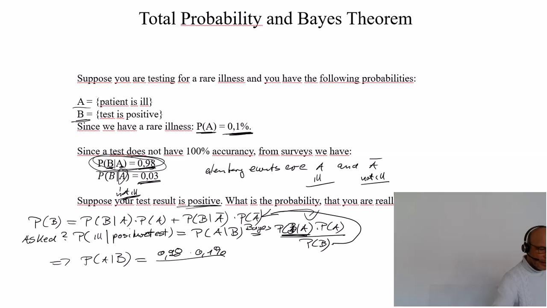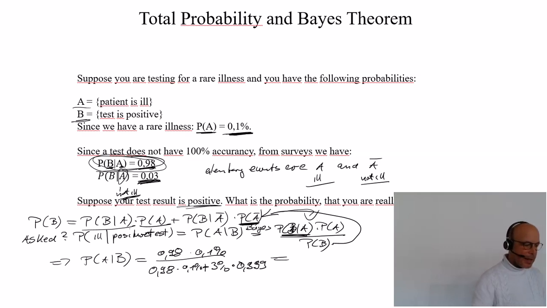And P(B) is given by the total probability: 0.98 times P(A), 0.1%, one per mille, plus now this small probability of obtaining the wrong result, 3%, times not being ill, and this is almost 100%, 1 minus 0.1%, so 0.999.